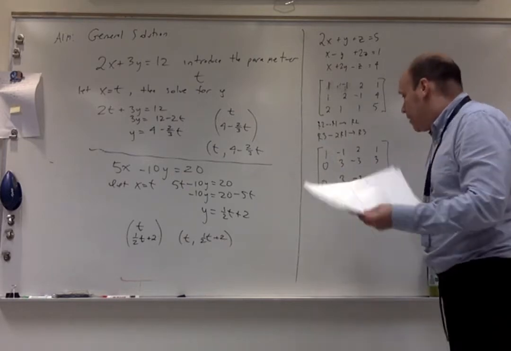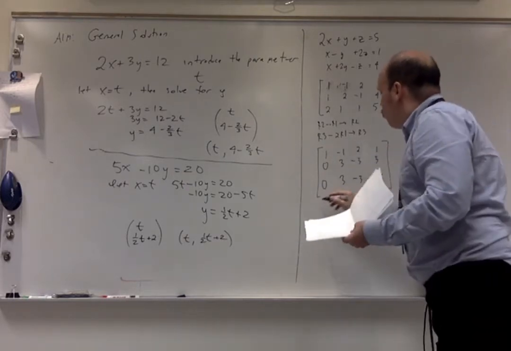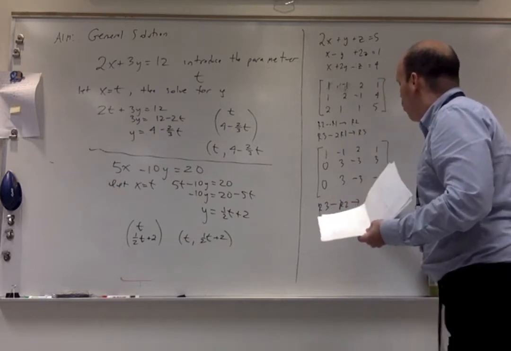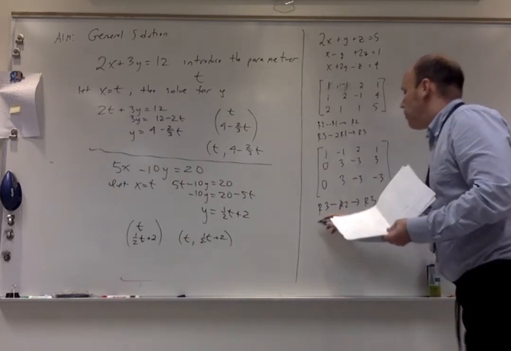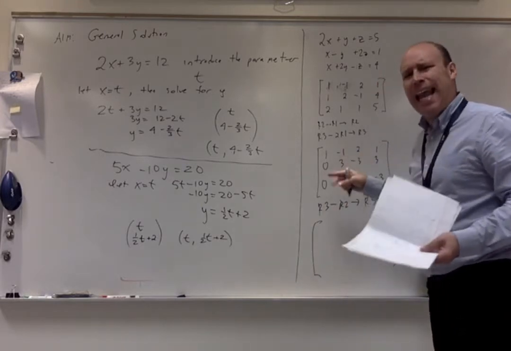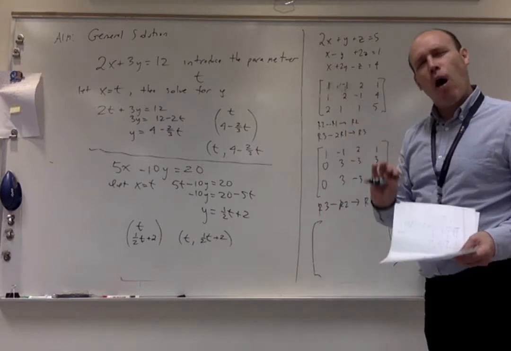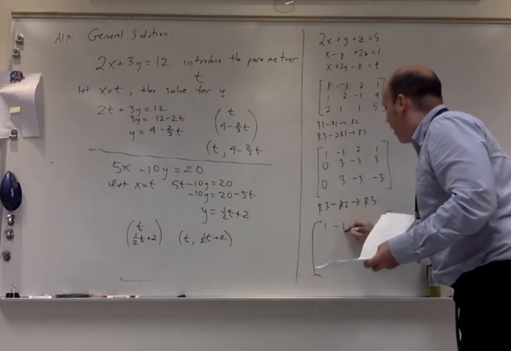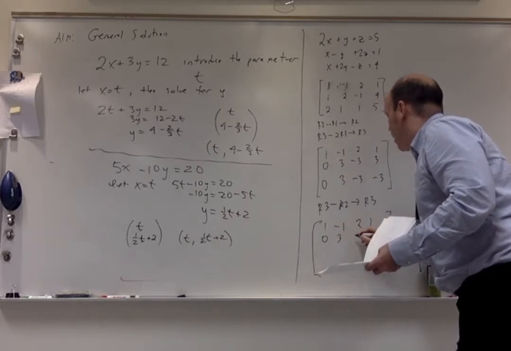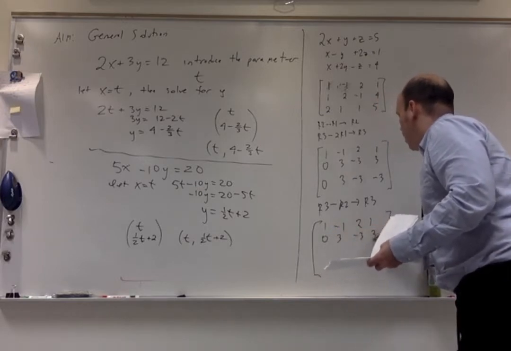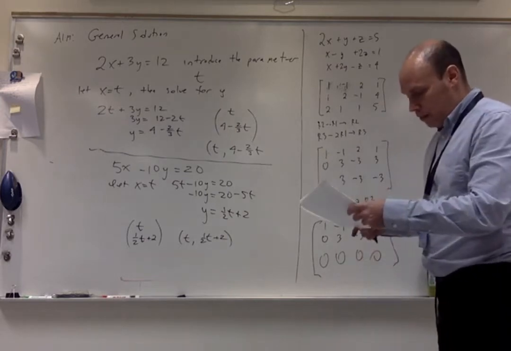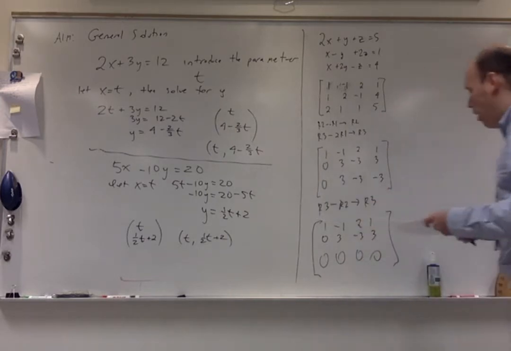So I continue and I say, okay, row 3 minus row 2 is my new row 3. And I'm doing this on purpose. You might ask, well, why aren't you eliminating the negative 1, Mr. Adler? Watch. I immediately recognize that I have 0, 3, negative 3, 3, and 0, 0, 0, 0. So what's going on here?